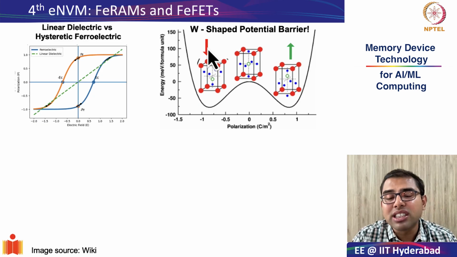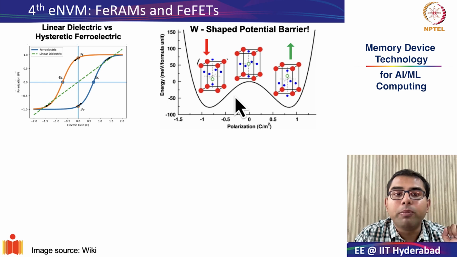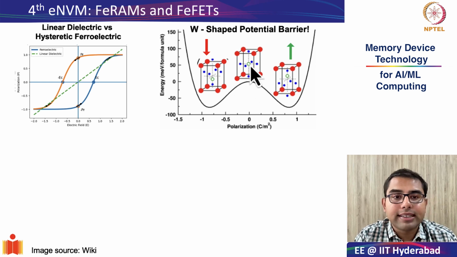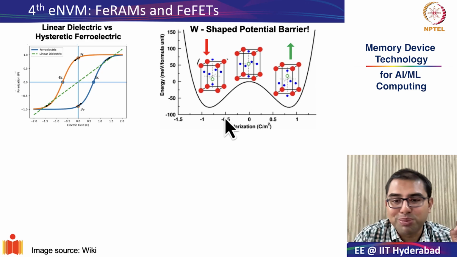And both these states are actually a bit more stable, as you can see from the energy landscape diagram, than your original state. And that is why you get this memory effect, because the system can stay either in this potential well or in this potential well.